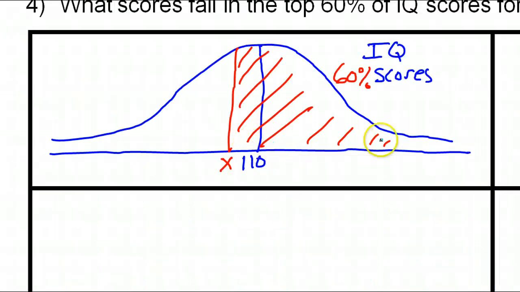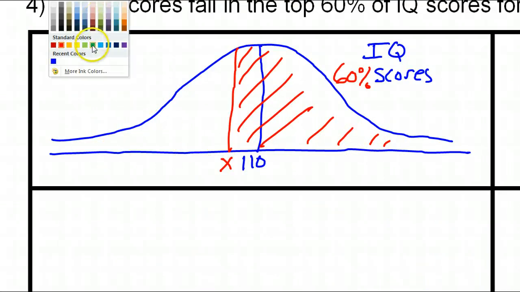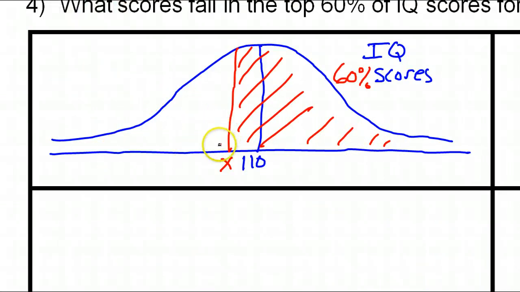This is above, so that's no good. So you have to make sure you're always using the value below. Obviously if this part of the distribution is 60% on the right, then the rest of it, the part to the left of x, must be 40%. And we'll have to use the 40 because we always have to use the left part.